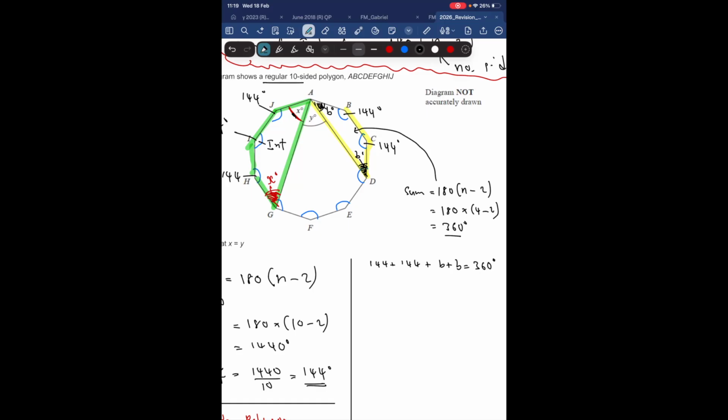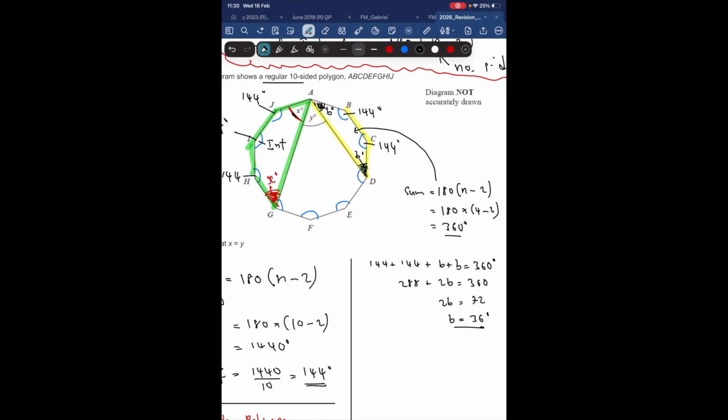If I simplify that expression, 144 plus 144 is 288, plus 2b must be equal to 360. If I then solve that equation, I will get 2b is equal to 72 degrees, and I will get b as being equal to 36 degrees.